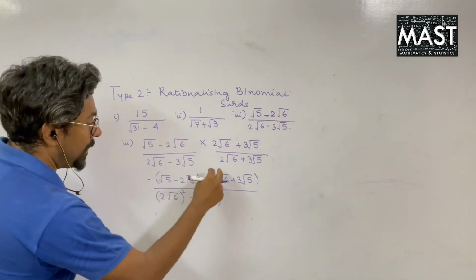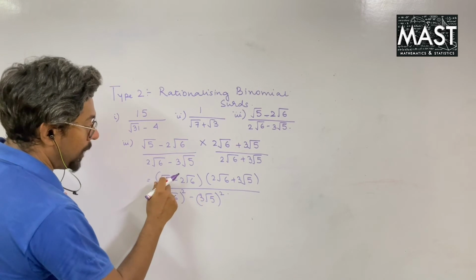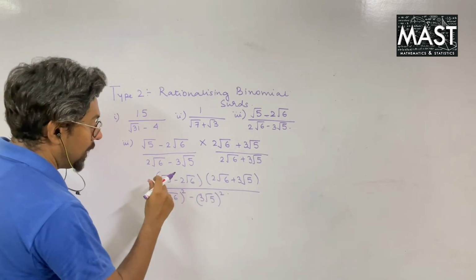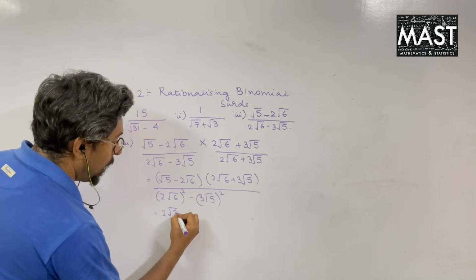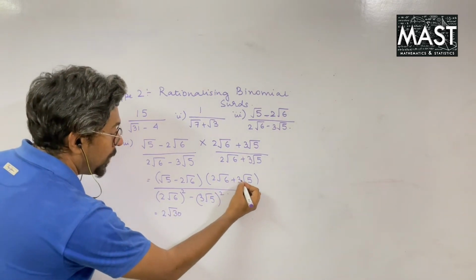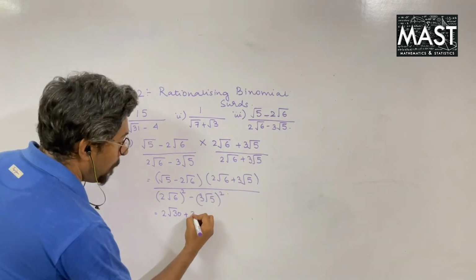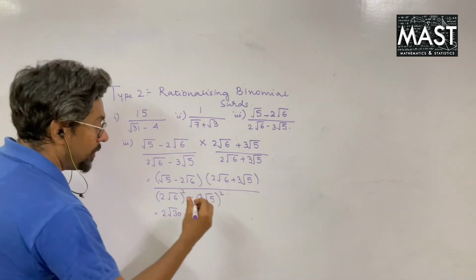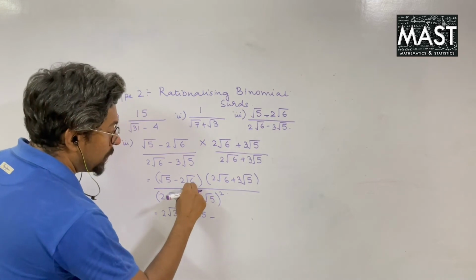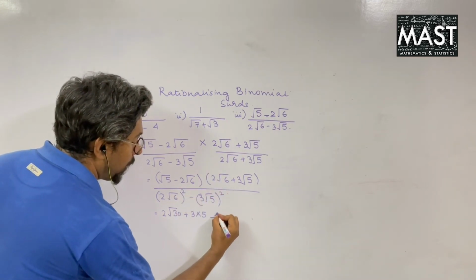Now when we are multiplying, let us multiply root 5 first. So root 5 into 2 root 6 will give us 2 root 30. Root 5 into 3 root 5 will give us plus 3 into 5. Root 5 into root 5 will be 5. Minus 2 root 6 into 2 root 6 would be 4 into 6.